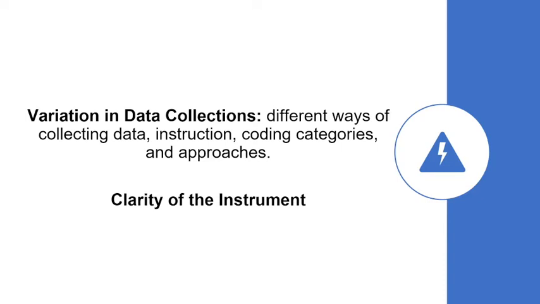And then clarity of instrument. Oftentimes, we are very fond of making questionnaires, we copy from the internet, we adopt it. Adopted questionnaires are good. But the thing that you need to think of is, can my participant understand this? Can my participant be able to answer this within 1 to 2 reads?